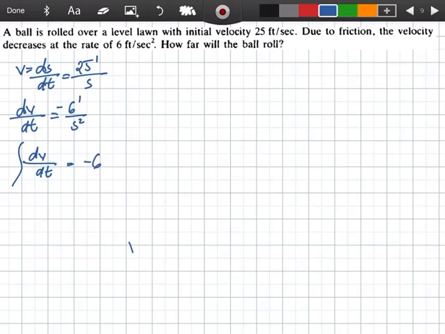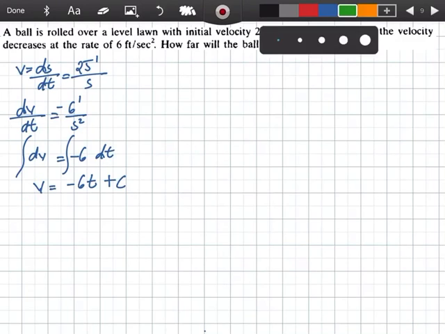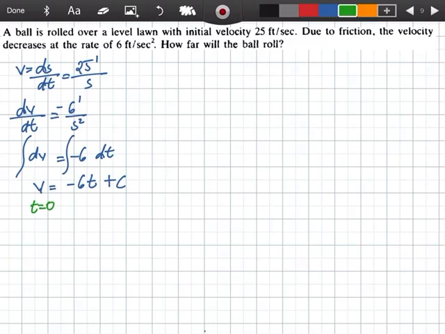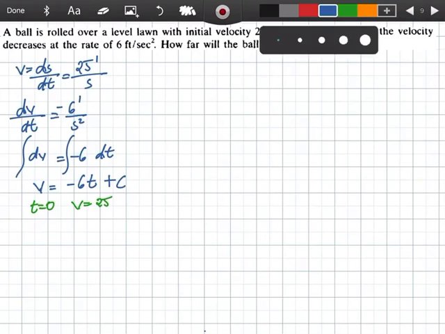We integrate this: dv is equal to negative 6 dt, so v is equal to negative 6t plus C. But when t, the initial velocity, is 25, so when t is equal to 0, v is equal to 25, because the initial velocity is 25.